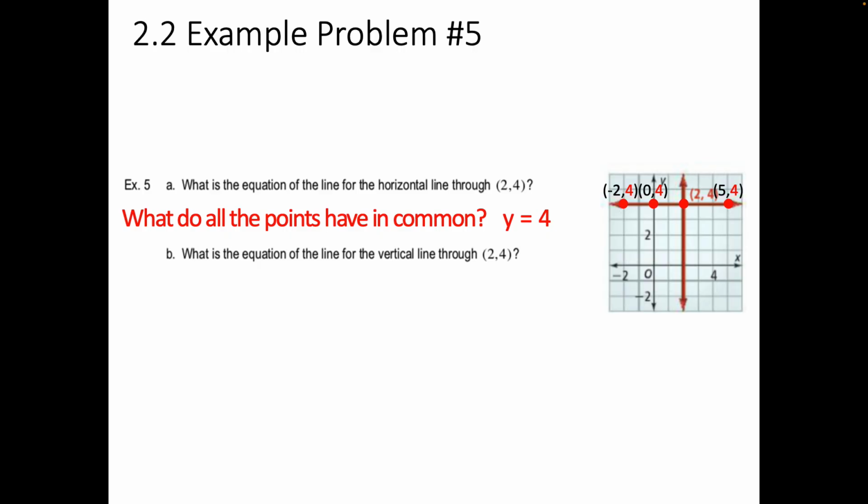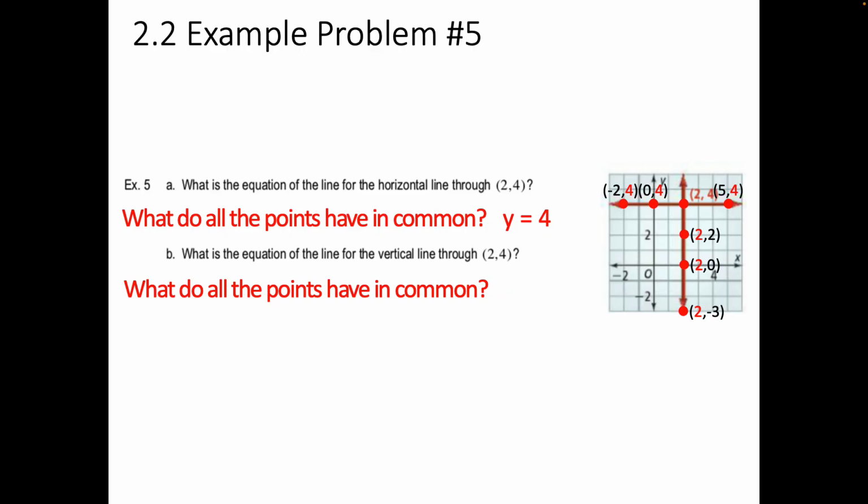So the vertical line also going through 2, 4, which it shows there. Once again, I'm just going to pick some points on there. We've got 2, 4. We've got 2, 2. We've got 2, 0. Down here we have 2, negative 3. Well, what do all these points have in common? 2, 4, 2, 2, 2, 0, 2, negative 3.